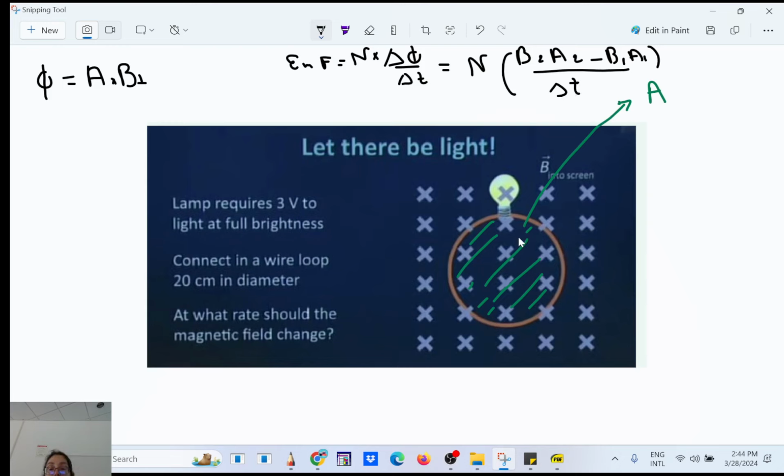And what is changing? We want to know the rate at which the magnetic field is changing and the area is not changing. Do you agree? So the EMF will be equal to the number of loops, B is changing, the area is not changing.